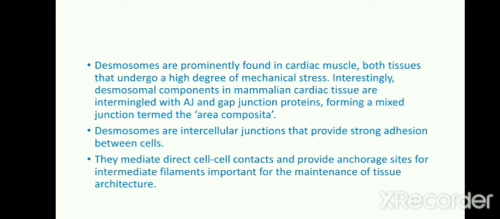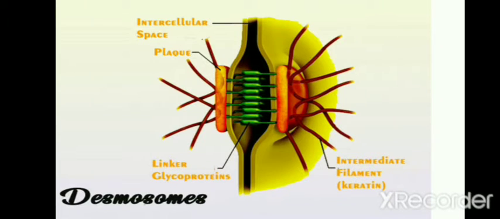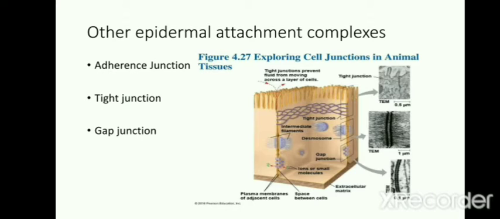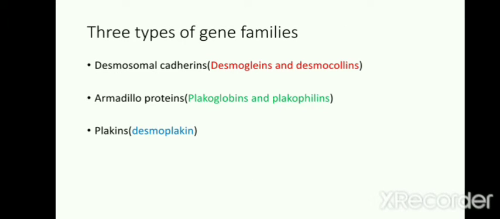Desmosomes were first observed in the spinous layer of the epidermis by the Italian pathologist Giulio Bizzozero. This is the simplest structure of desmosomes. Other epidermal attachment complexes are the adherens junction, tight junction and gap junction.